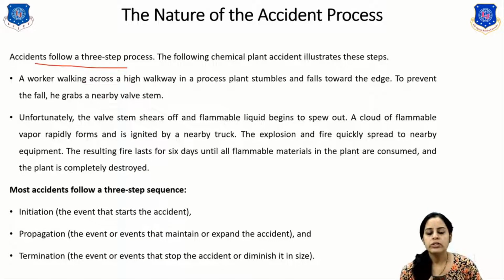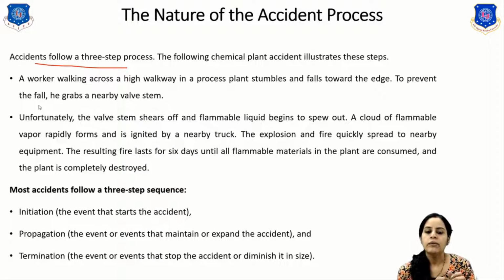So what type of process? First, the introduction. A worker walking across a high walkway in a process plant stumbles and falls towards the edge. To prevent the fall, he grabs a nearby valve system. Unfortunately, the valve stem shears off and flammable liquid begins to spew out.